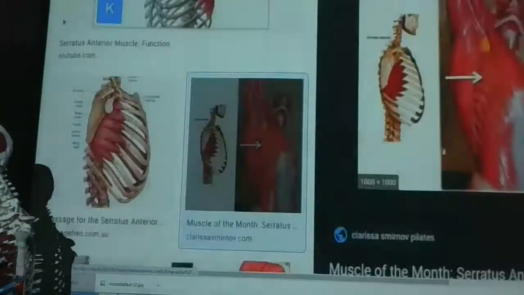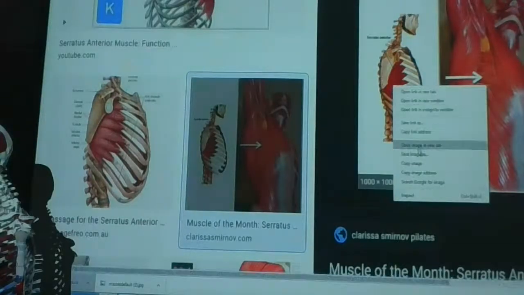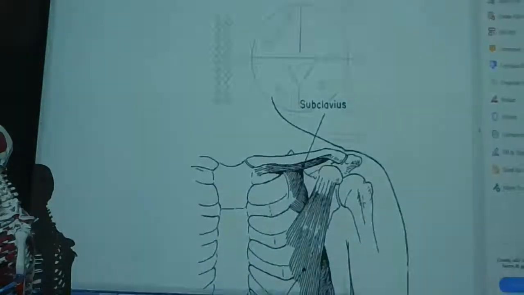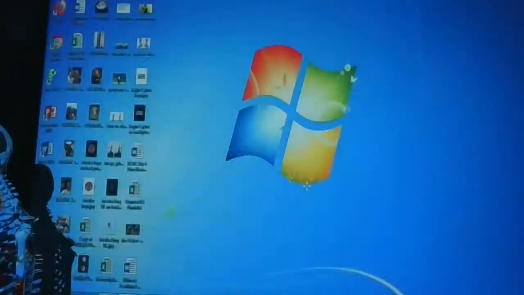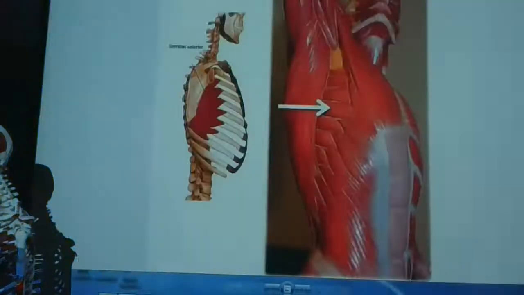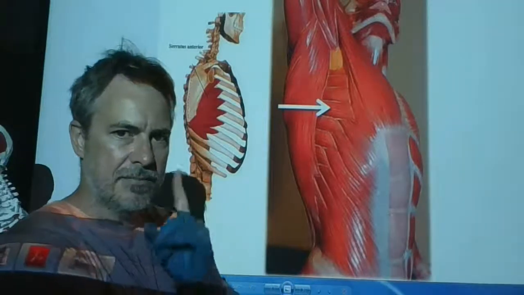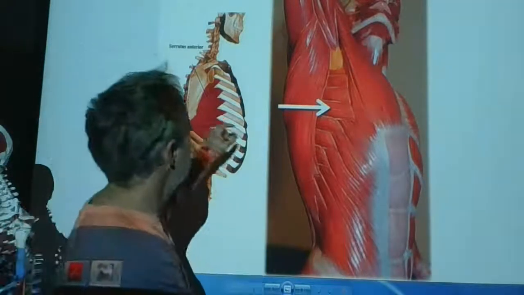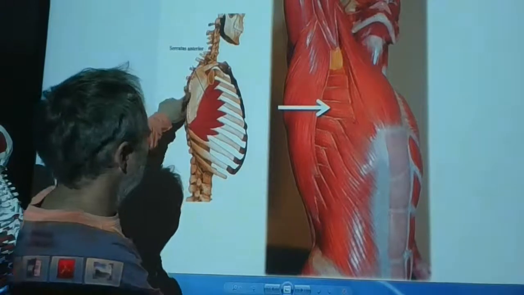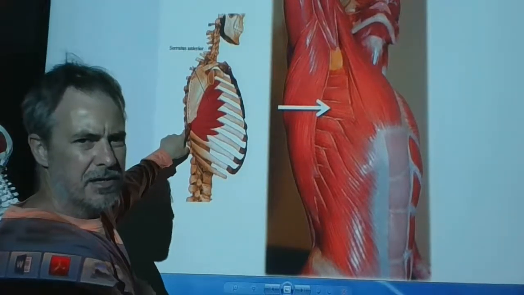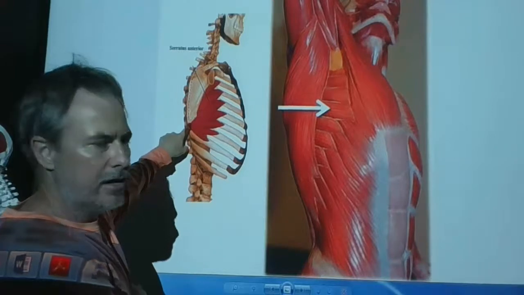All right, I'm going to go with this picture because it has something that's very important. It has the origin laid out in dotted lines here. That's something that my PDF pictures don't have.